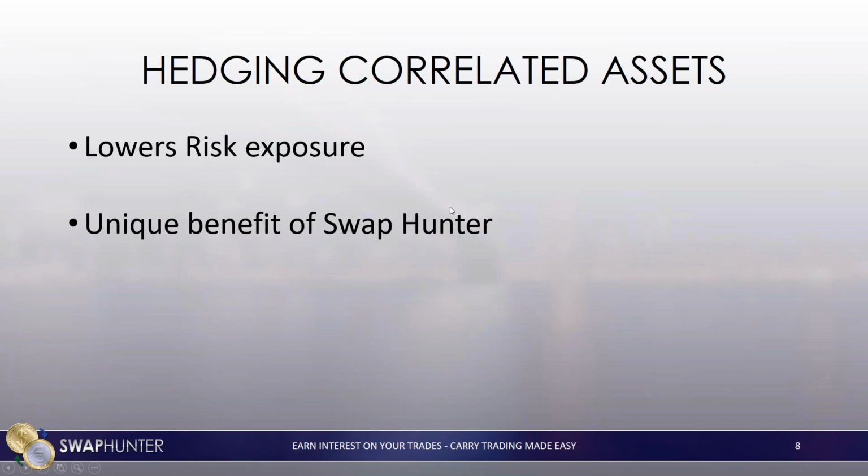So let's say we have Japanese yen, Mexican peso, then we have GBP US dollar, and GBP Swiss franc. We have these two trades running, both of which are producing positive swap or interest every day from the brokerage. So this is what's unique about the Swap Hunter.